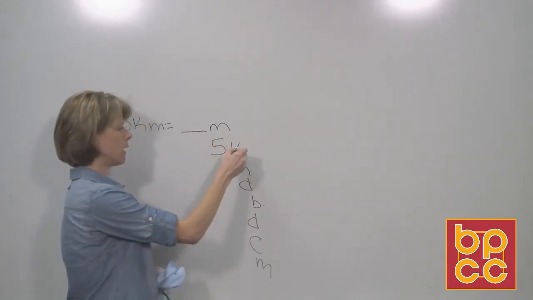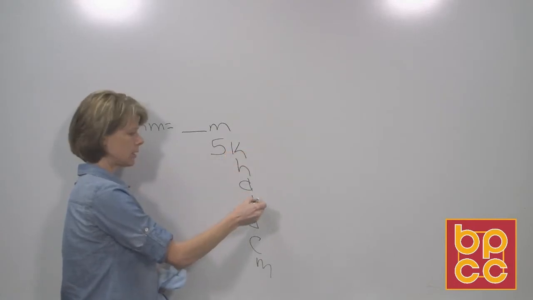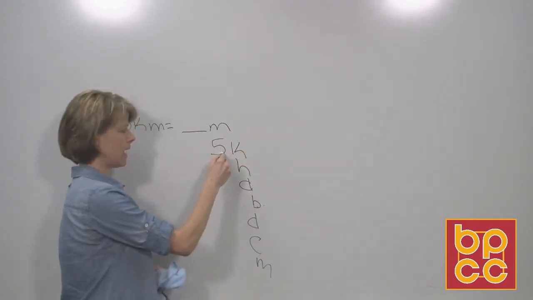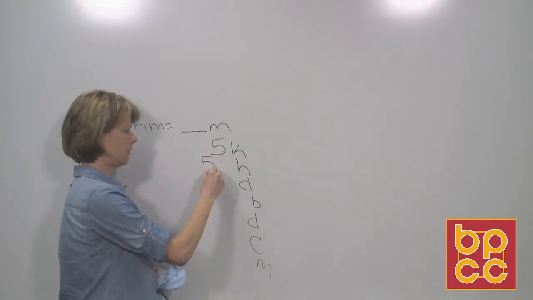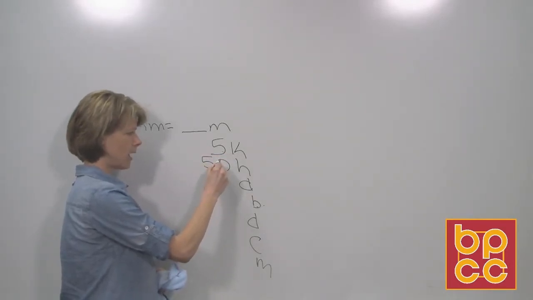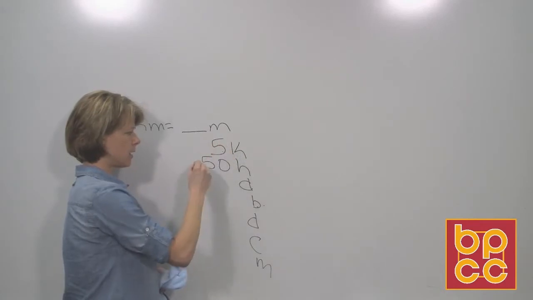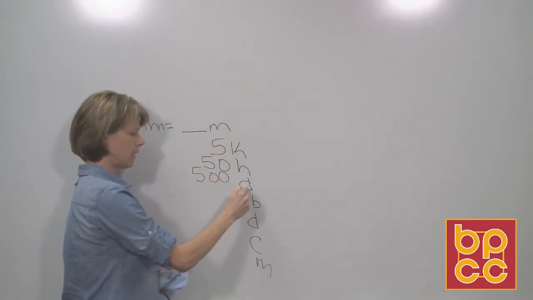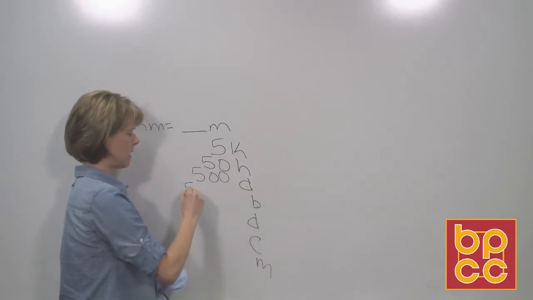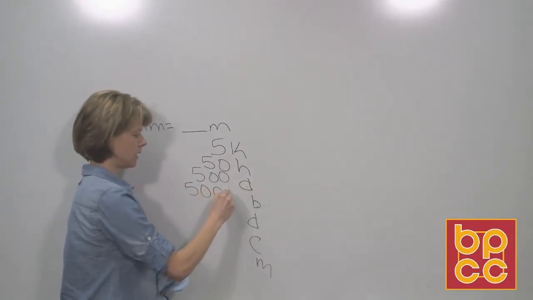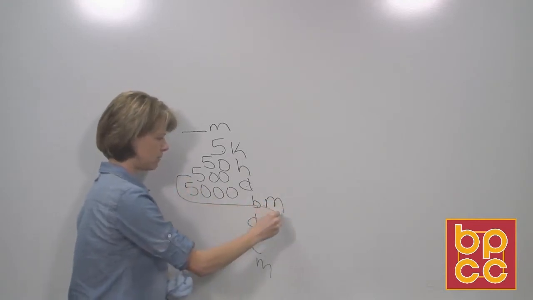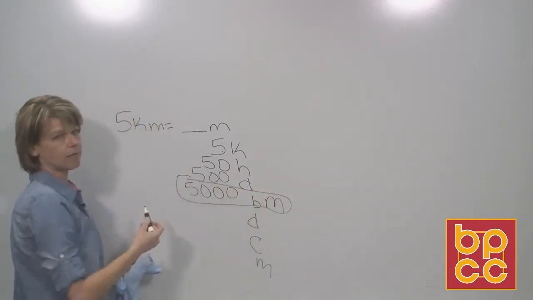As we move from a larger unit of measure to a smaller unit of measure, we will multiply times 10. So 5 times 10 is 50 hectometers. 50 times 10 is 500 decameters. And I multiply 500 times 10 to get my base unit, which is meters, of 5,000 meters in 5 kilometers.